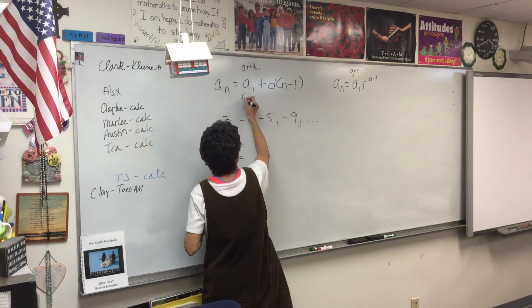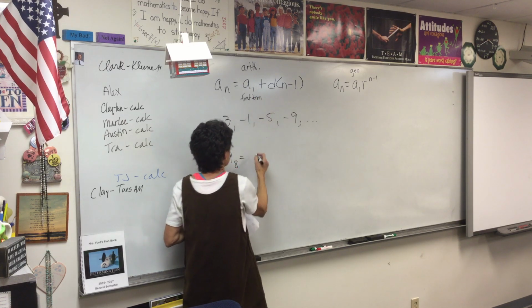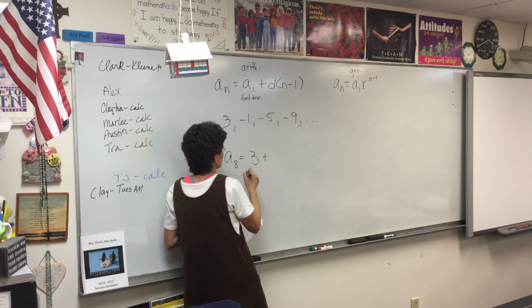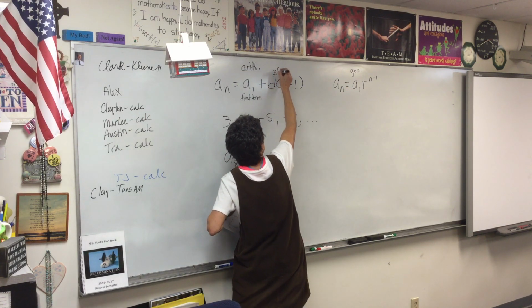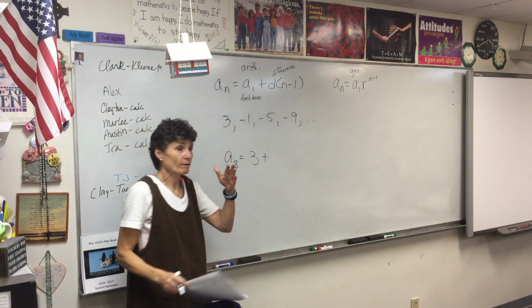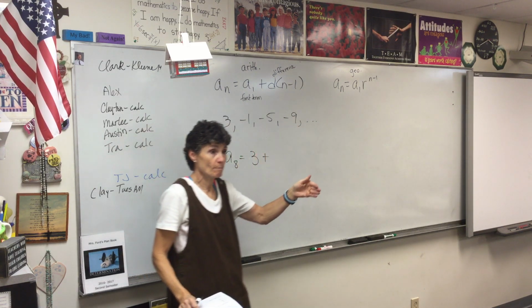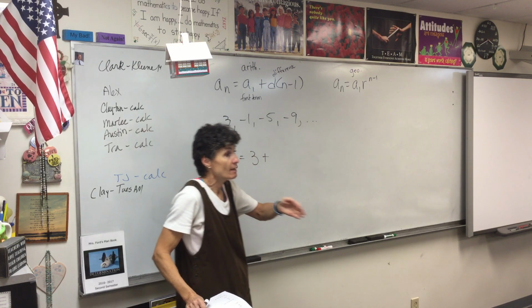That's your first term. So a sub 1 is 3, plus the common difference. D is the common difference. If you are arithmetic, that means you are getting from term to term by adding the same number. Remember, we talked about that last week.